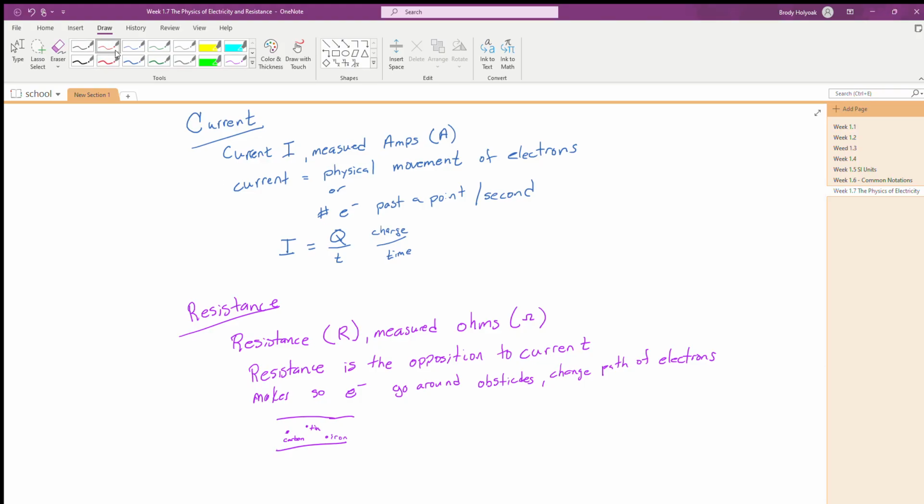So then what happens is as this electron comes buzzing through here, it hits that impurity and it can't pass through it because there's either something there or there's not a spot for the electron to go into a shell. So it has to go around, which then in turn slows down the total number of electrons that can be seen passing past this point.